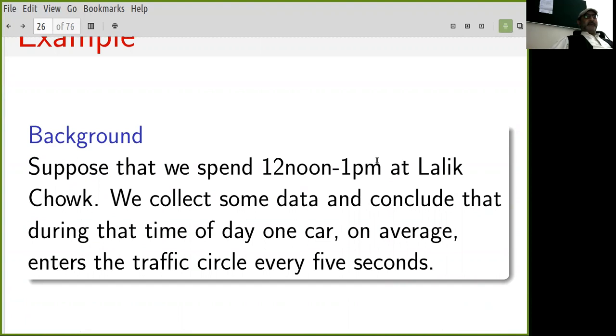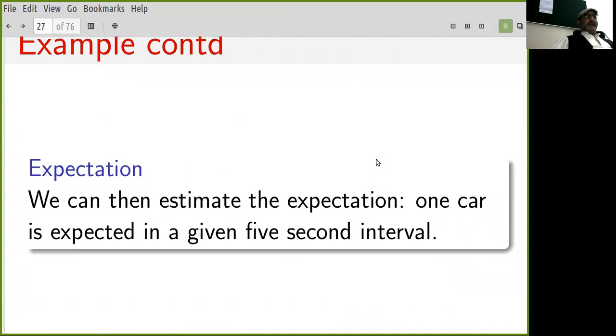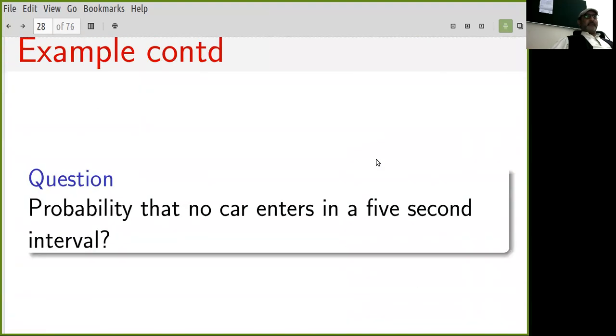So we're going to spend from 12 noon to 1 p.m. at lec09. We're going to see how many cars are entering the traffic circle. We know that on average, a car enters the traffic circle every 5 seconds. So our lambda is 1 car per 5-second interval. Okay. What's the probability that no car enters in a 5-second interval?